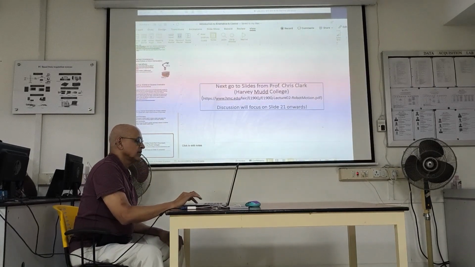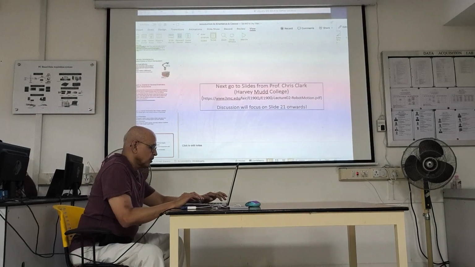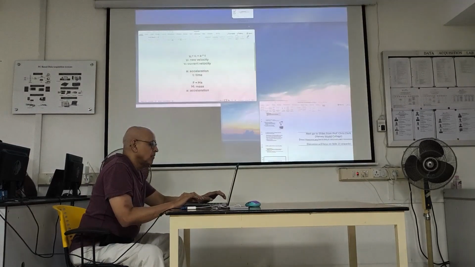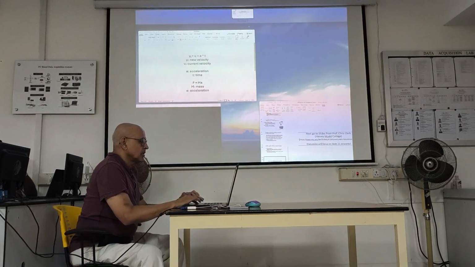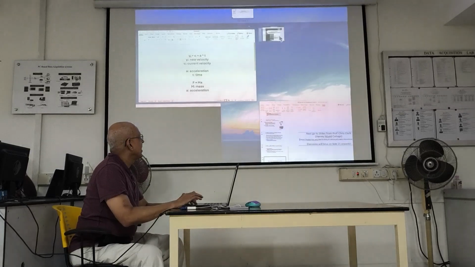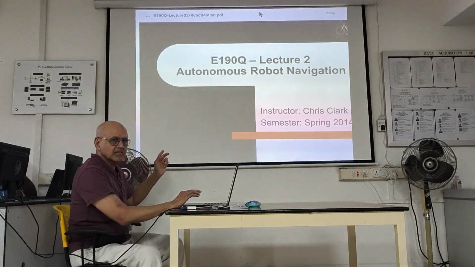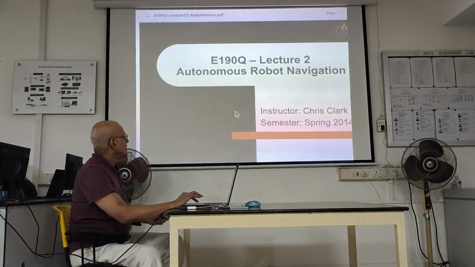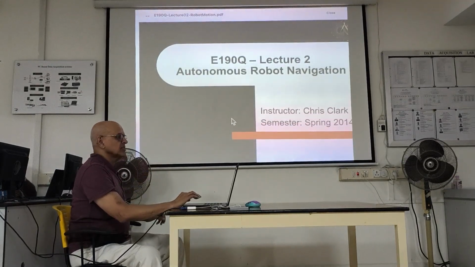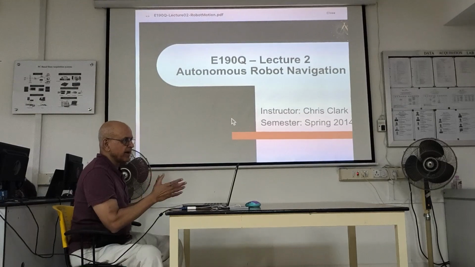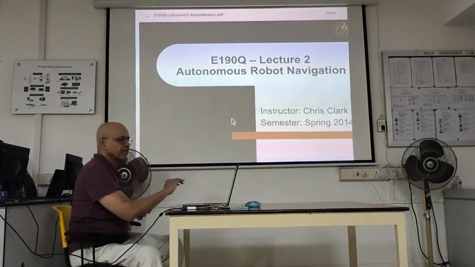So I'm going to pull up, okay, I can show you this. That's the one. So I'm not going to go through every single slide of this. This is just to establish the kinematic model of the turtlebot 3, which is a differentially steered vehicle.